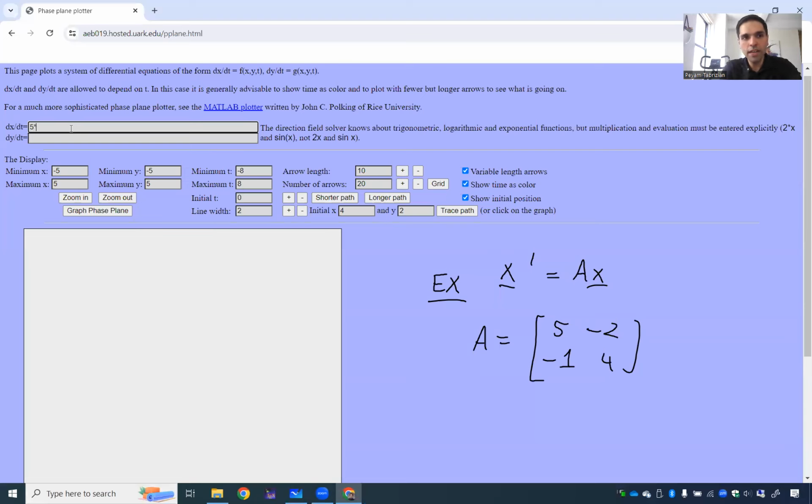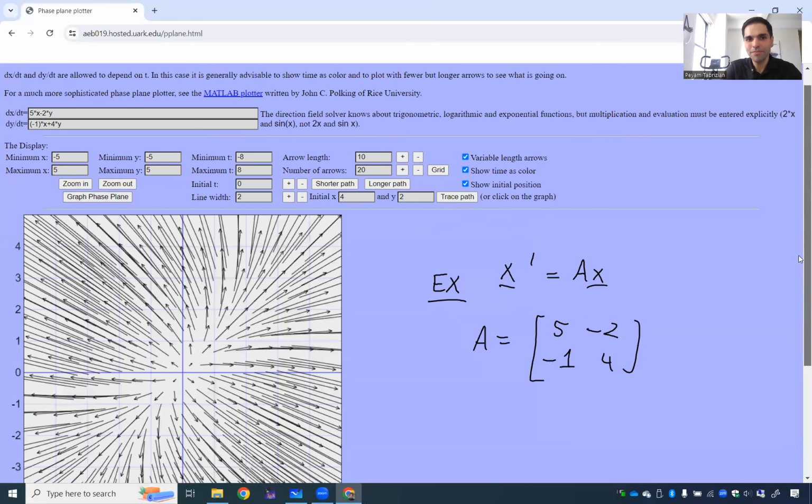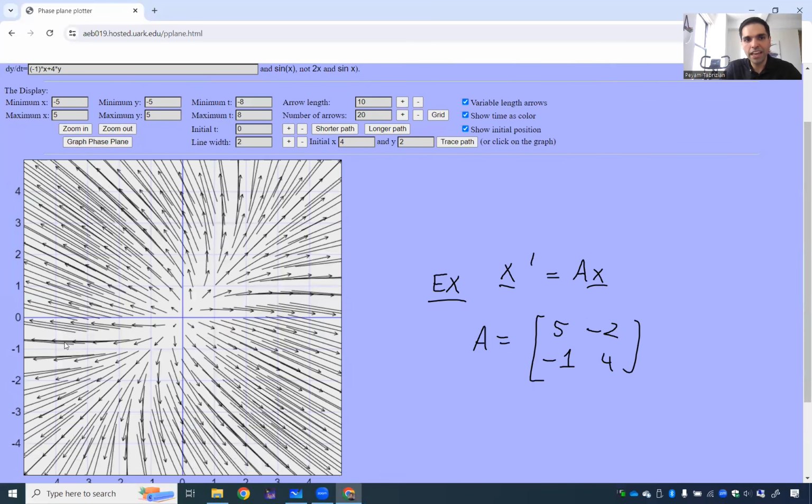So it's just 5 times x minus 2 times y, and then minus 1 times x plus 4 times y. Let's plot this. Oh, it's so pretty. And then what we get is, in this case, if I'm not mistaken, yeah, they're all positive eigenvalues, so they all move away.